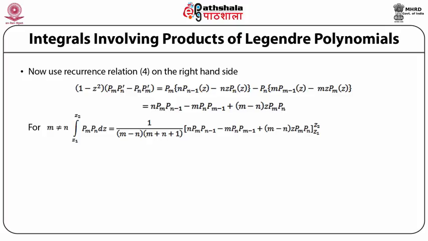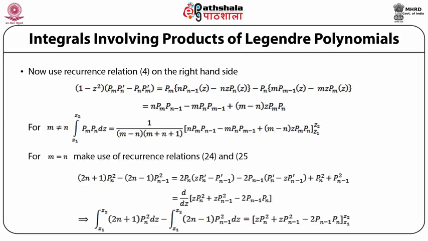The entire thing is multiplied by [n into Pm into Pn−1 minus m into Pm−1 Pn plus (m minus n) into z into Pm Pn] with the limits substituting from z1 and z2. This is the required result for m not equal to n.